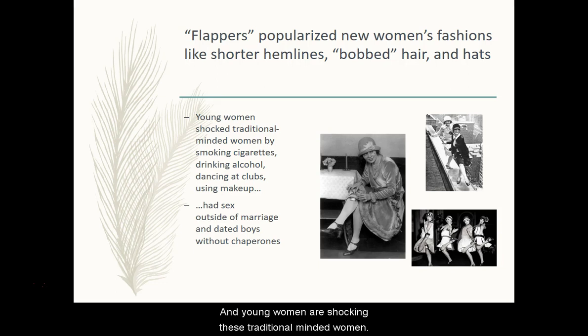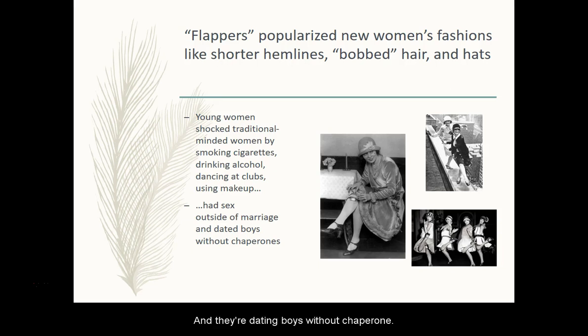And young women are shocking these traditional-minded women because they're smoking cigarettes, they're drinking alcohol, they're dancing in public, and they're wearing makeup. The scandal. And they were also having sex outside of marriage, which was very uncommon.